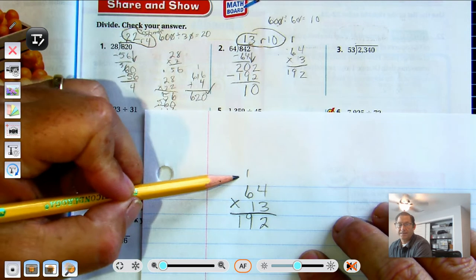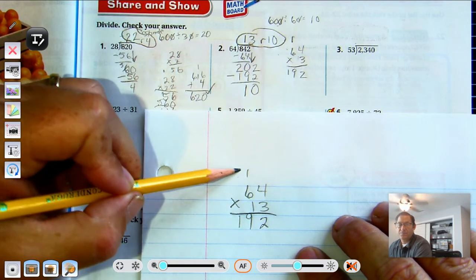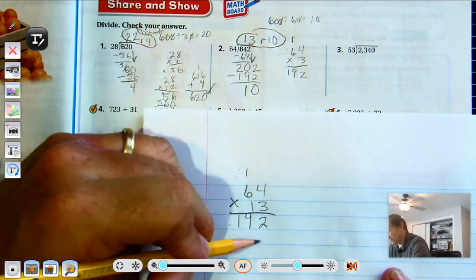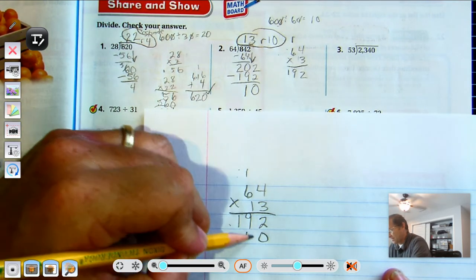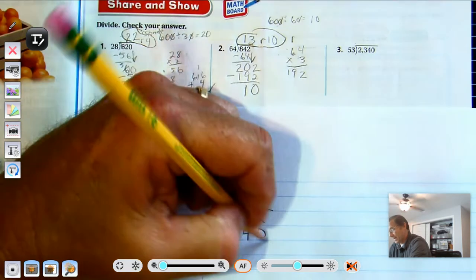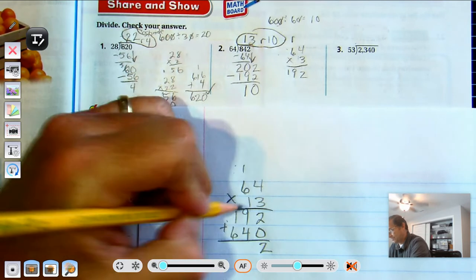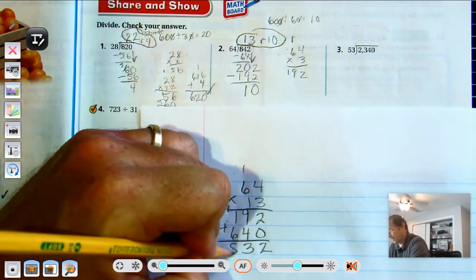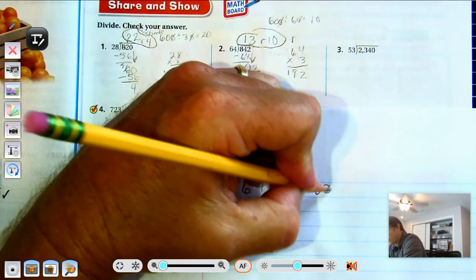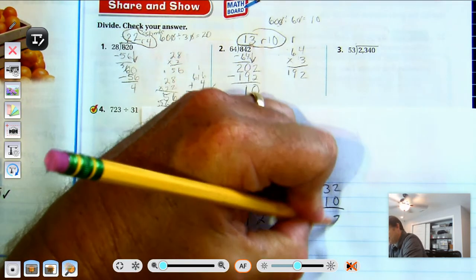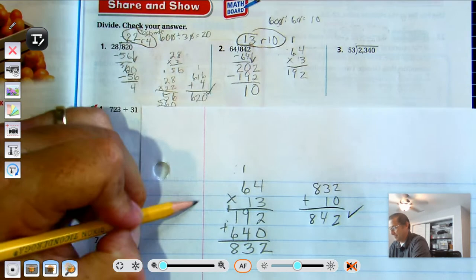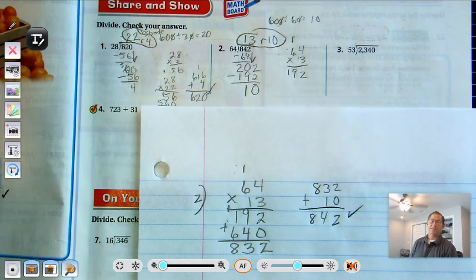We'll regroup that as 1 ten and 2 ones. 6 times 3 is 18, plus the regrouped 10, 19. 64 times 10 is just 640. Add that together. We get 832. We do have a remainder of 10. So 842, that does check and match the dividend.